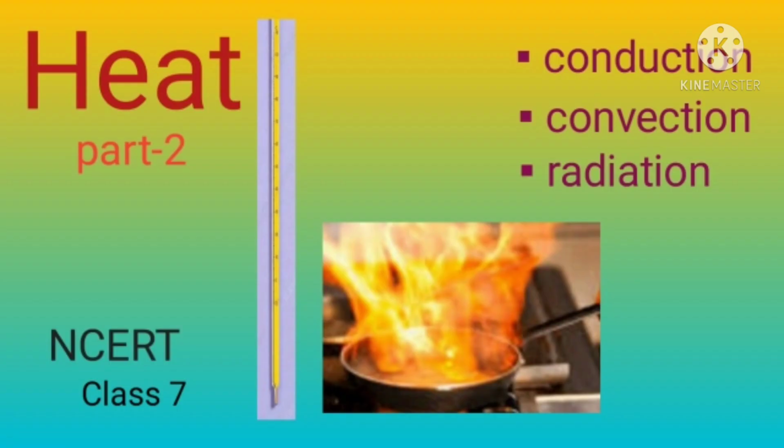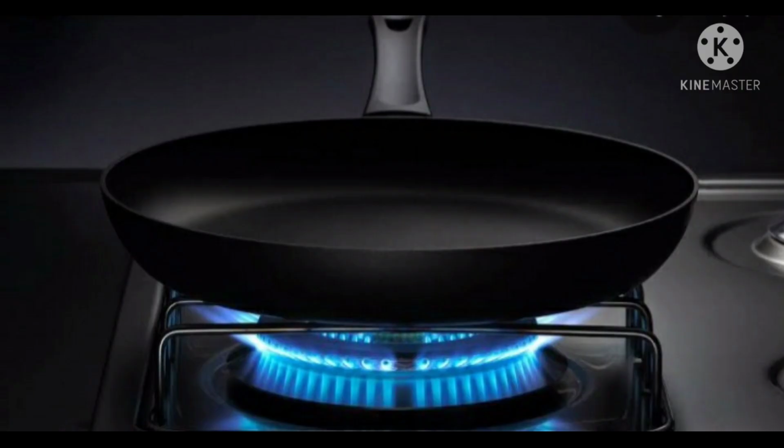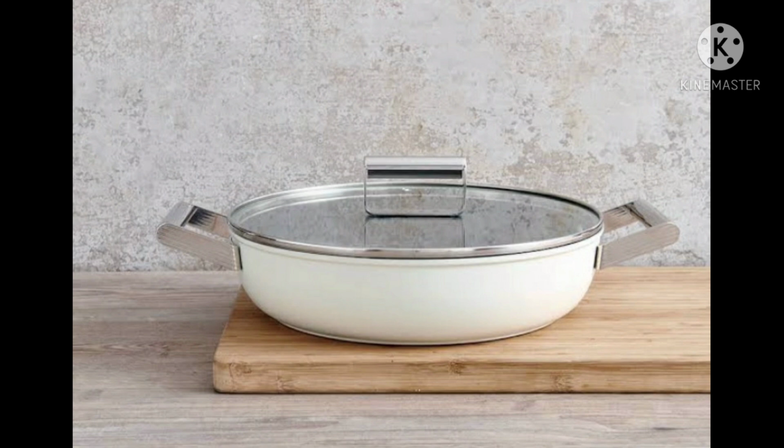Next, we discuss some interesting topics which we come across in our daily life. When we keep a frying pan on a stove, what happens? It becomes hot. When you keep that hot frying pan on a cool surface, after some time it becomes cool.